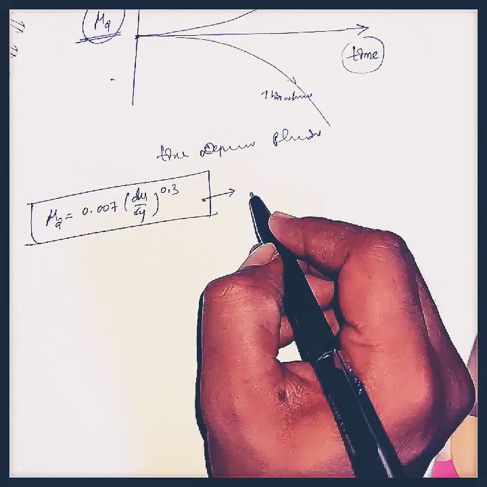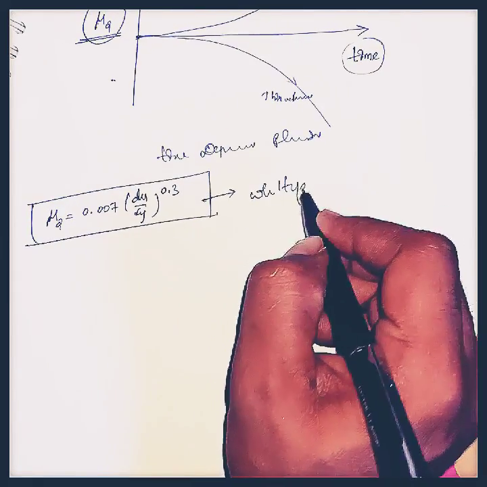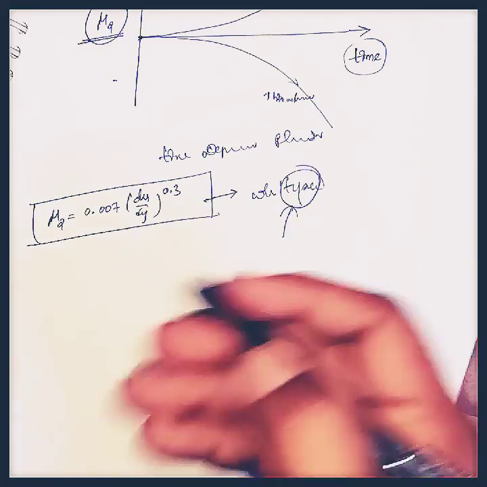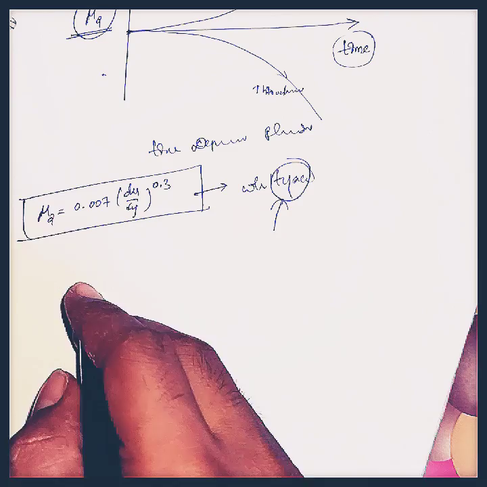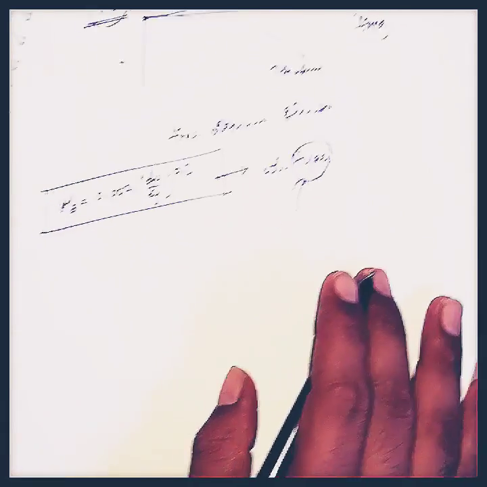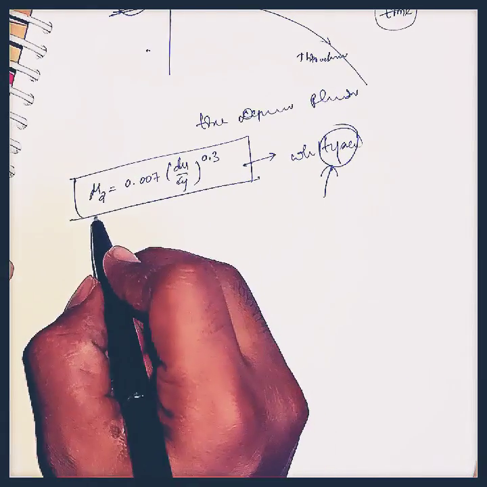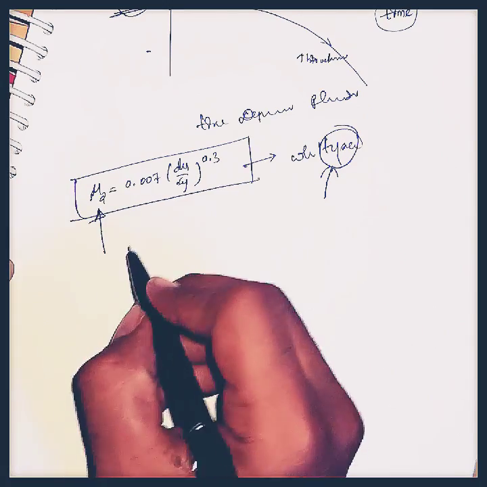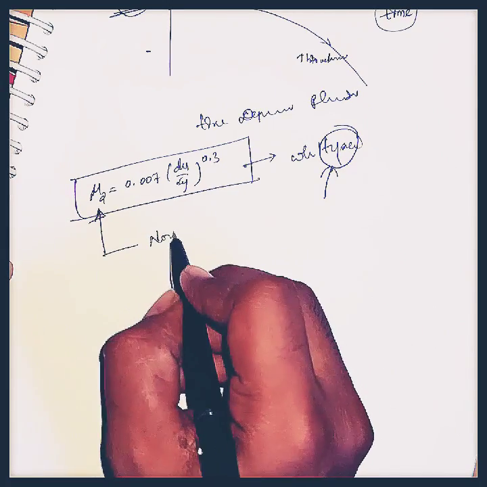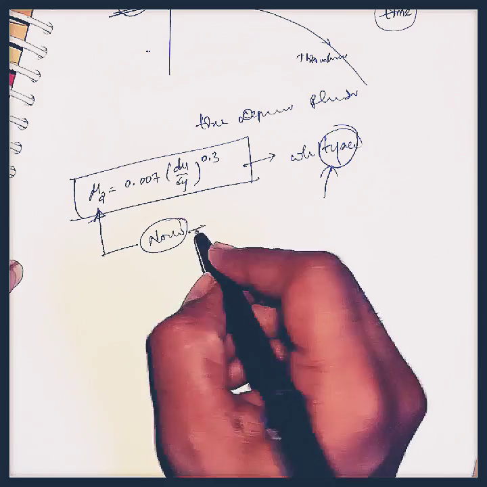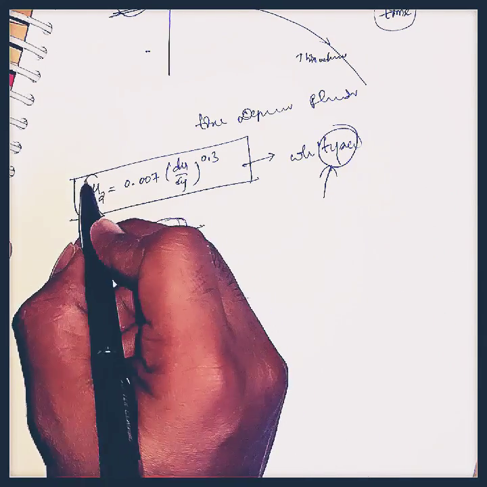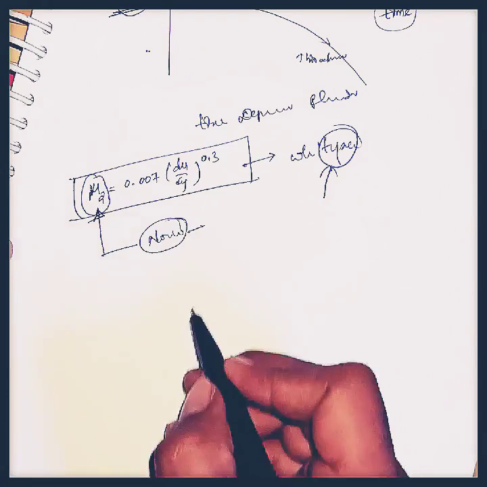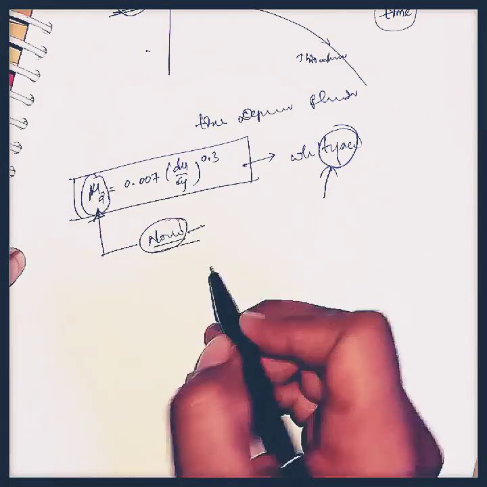He is asking what is the type of fluid, okay, whether it is a dilatant fluid, pseudoplastic fluid, Newtonian fluid, non-Newtonian fluid, whatever he is asking. Here first we have to note that he gave the apparent viscosity, that means it is a non-Newtonian fluid. There is no doubt that it is not a Newtonian fluid.